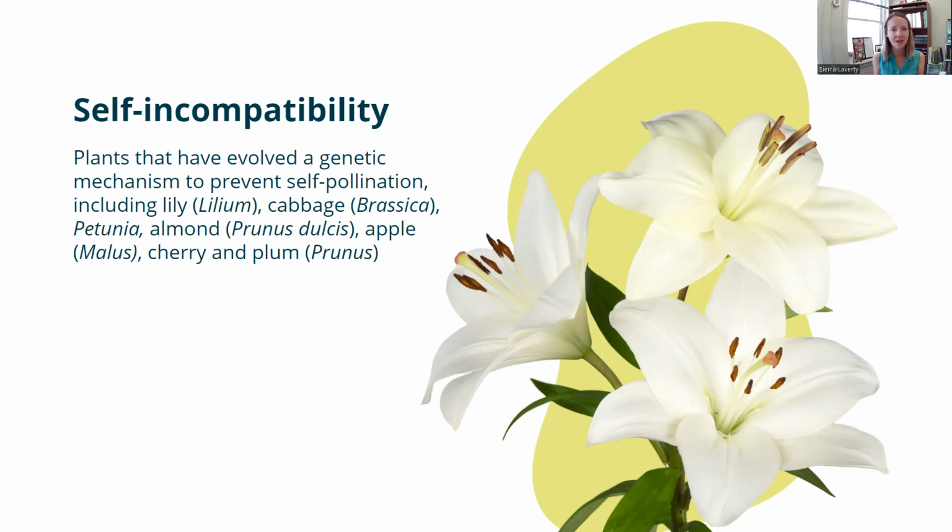I'm not gonna pollinate myself, and I can only accept pollen from a close relative, the same species, from a different plant that's got a different genotype. So there are a number of plants that will do this, including lily and cabbage, petunia, almond, apple, cherry, and plum. Interesting stuff.